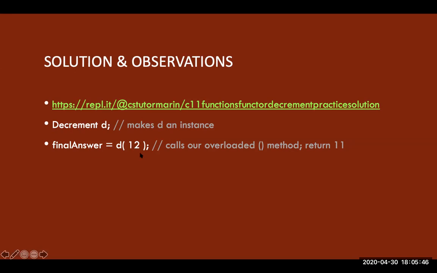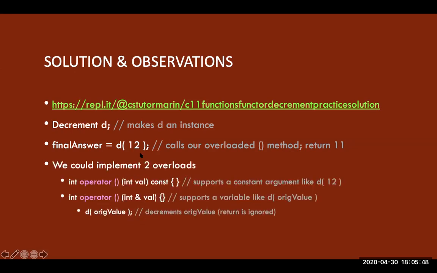That works through our constant overload. And then we could also do something like this. We could say D(original value) and ignore the return value here. Remember, D is an instance of the decrement class. Its constructor created the function. The overload allows us to pass in the 12. Any questions on that concept or the syntax there?